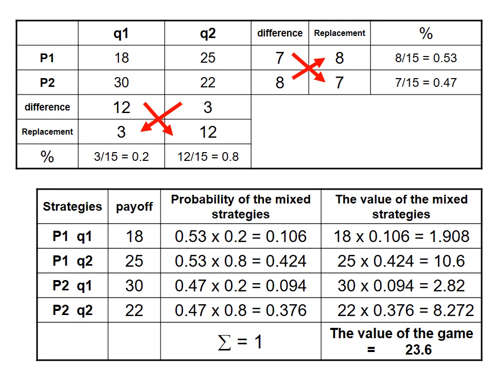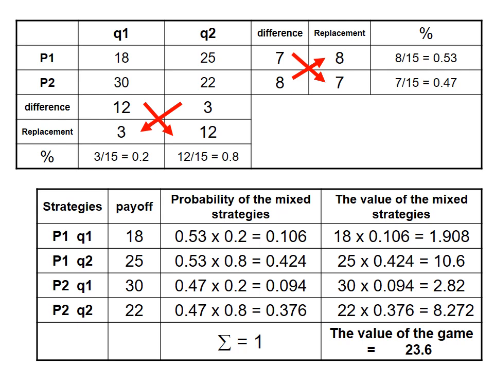Now, to calculate the value of the mixed strategy, we multiply the payoff of each two strategies times the probability of this mixed strategy. 18 times 0.106 equals 1.908. And for the second two strategies, B1 Q2, the payoff 25 times 0.424 equals 10.6.